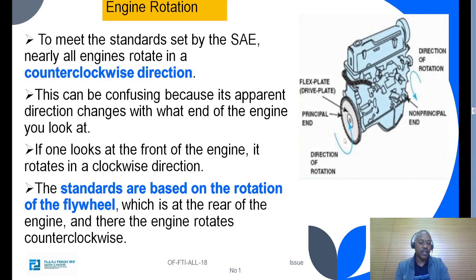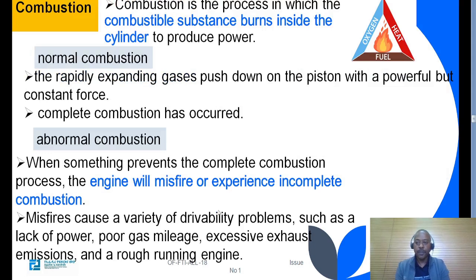So this is the direction of rotation, and it is the standard one. The standards are based on the rotation of the flywheel, which is at the rear of the engine, and there the engine rotates counterclockwise.